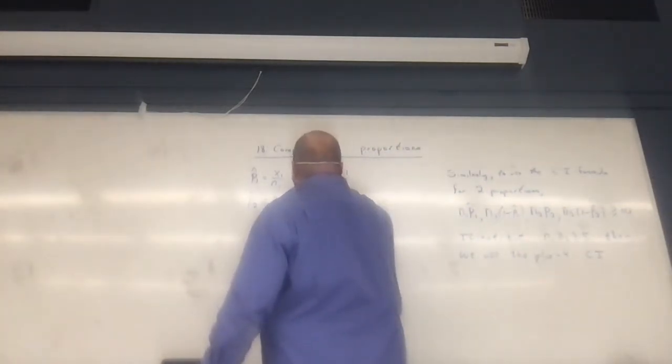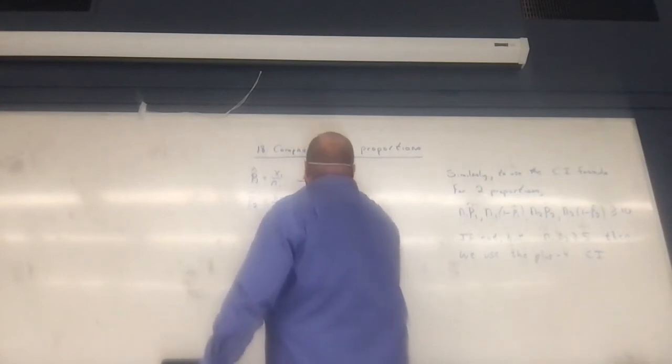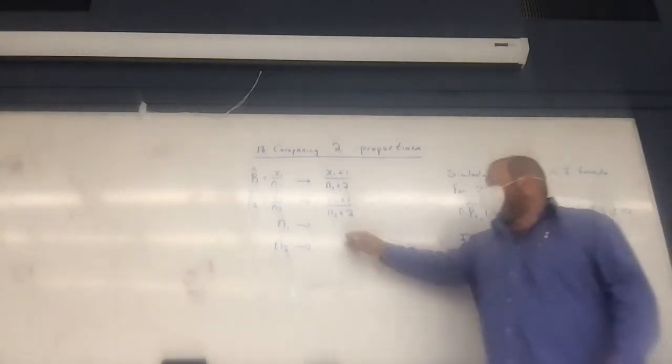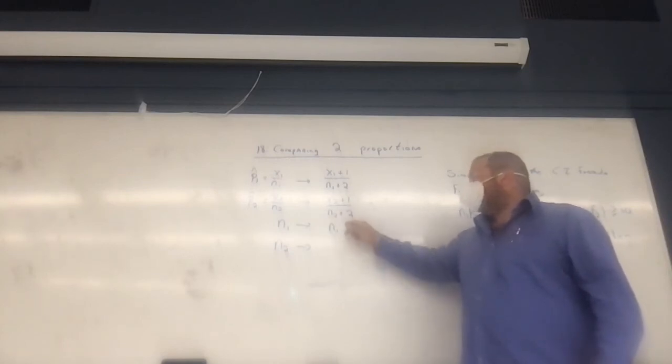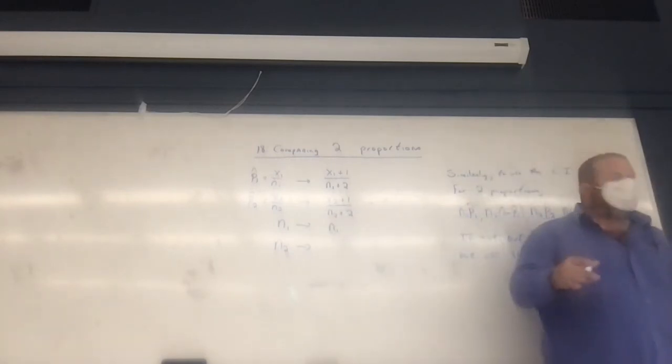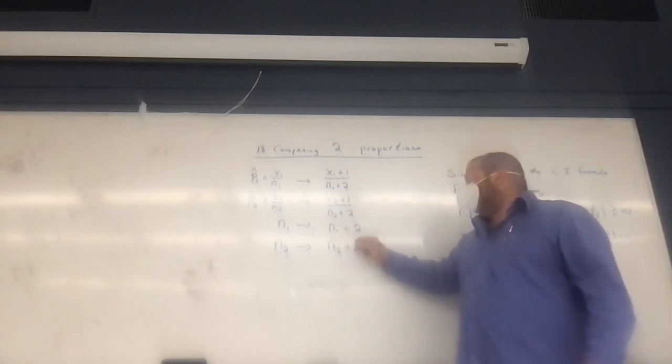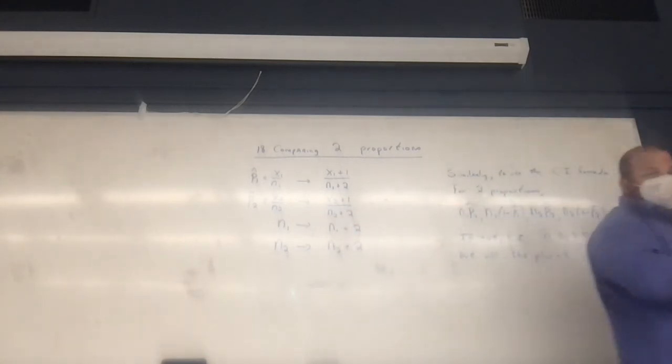And how many to n1? We add 1 here and 2. And how would n1 change? Plus 2. And how would n2 change? Plus 2. So we're still adding 4.